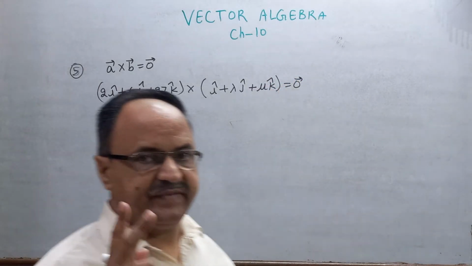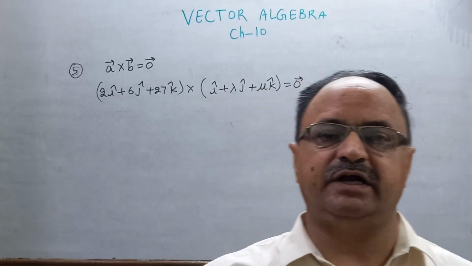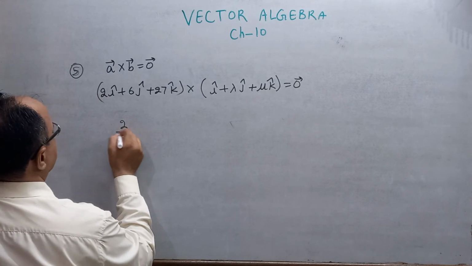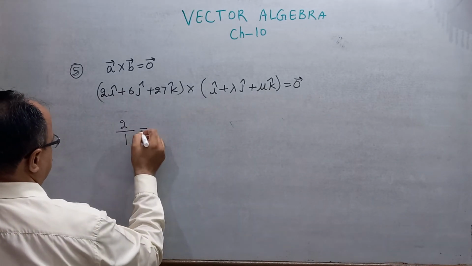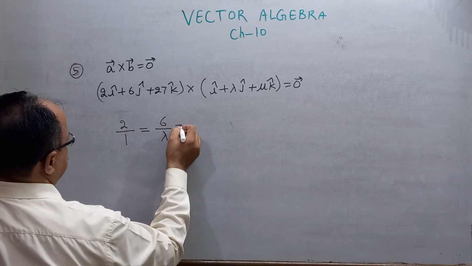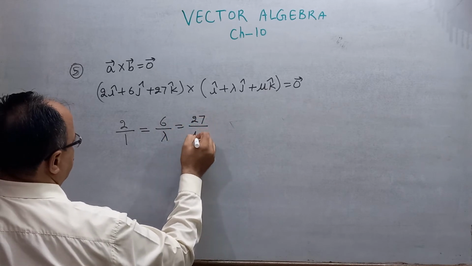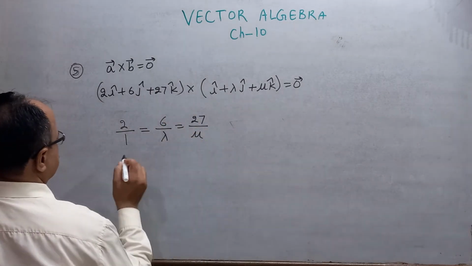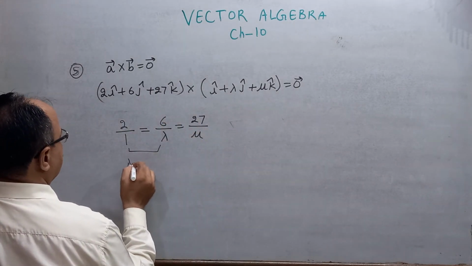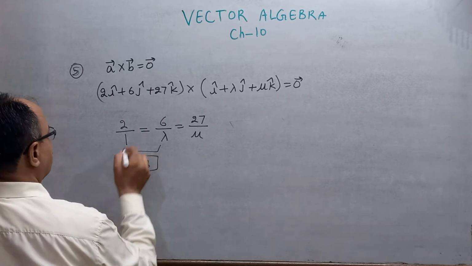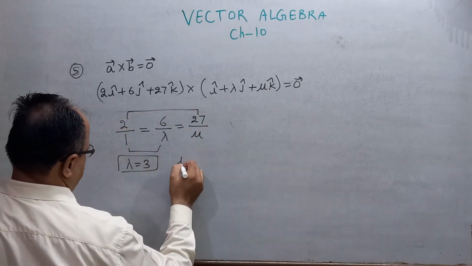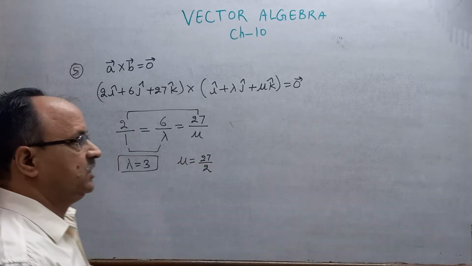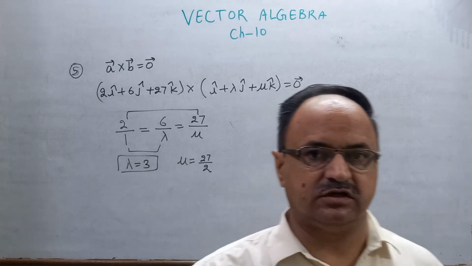If two vectors are parallel, then their scalar components are in proportion. You can write 2 by 1, 6 by lambda, and 27 by mu. A1 by A2, B1 by B2, C1 by C2. By cross multiplying, value of lambda is 3, and the value of mu is 27 by 2. This is the solution of this question. Clear?